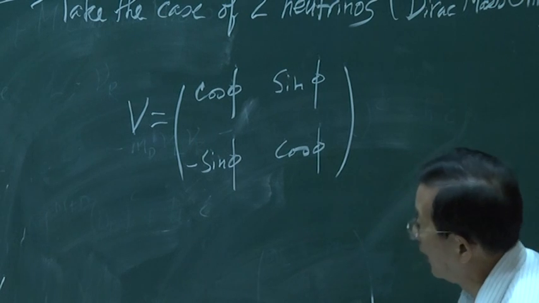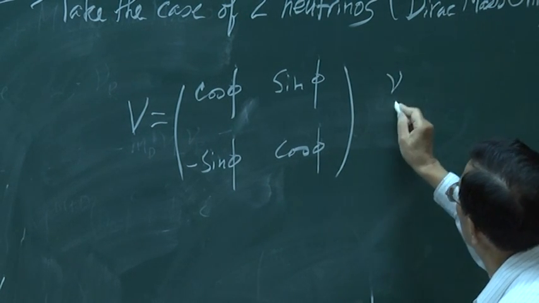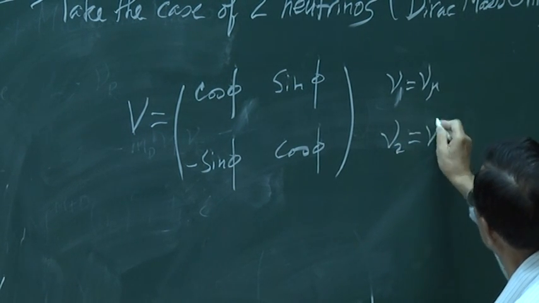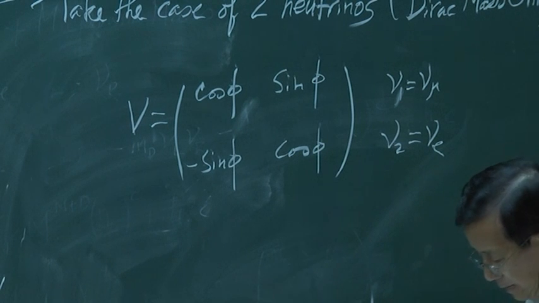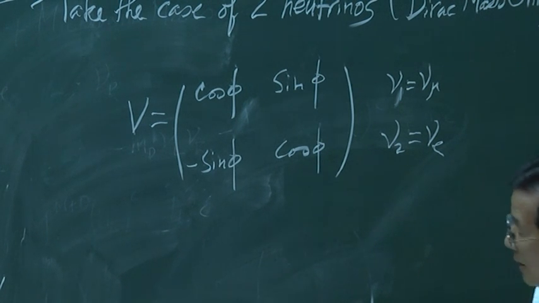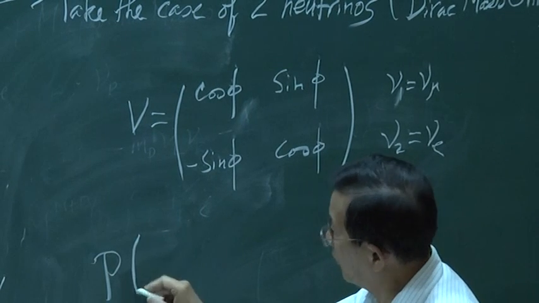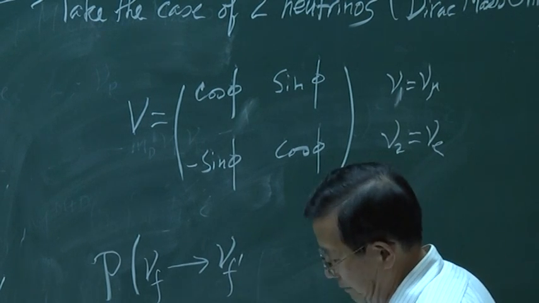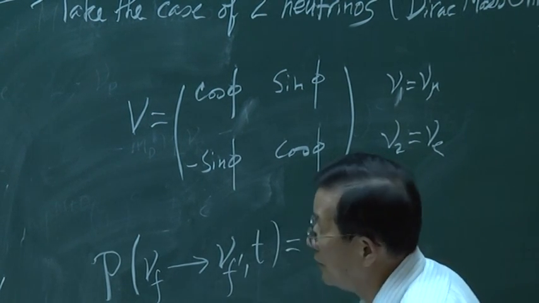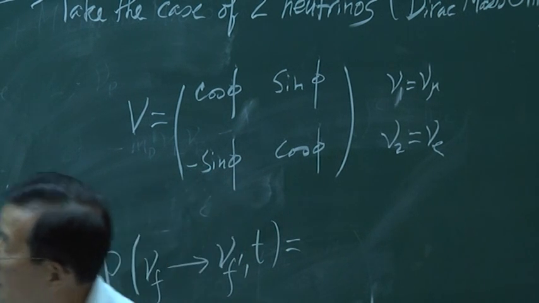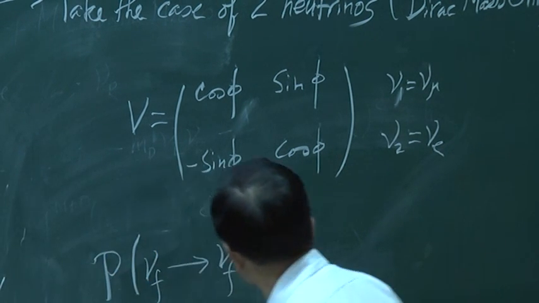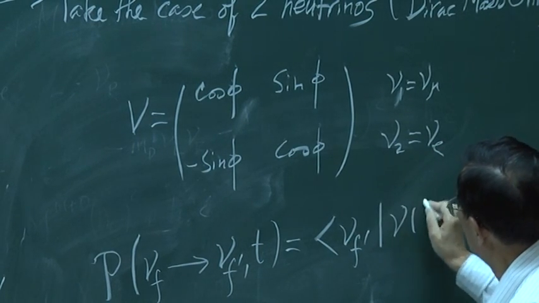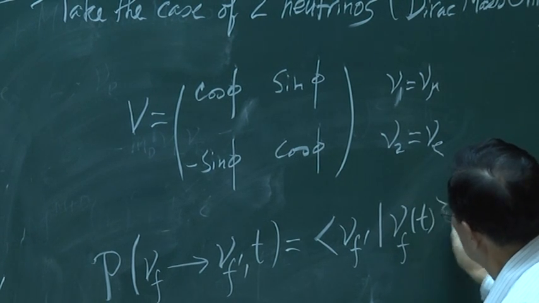Okay? And in the case of two neutrinos, let's say nu 1 is muon neutrino, nu 2 is electron neutrino, like this. And P, the probability for nu f going to nu f prime at time t, is equal to this. This is equal to the amplitude of nu f prime with nu f at t, squared.